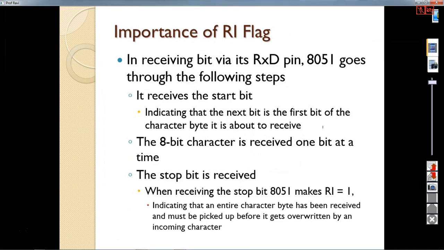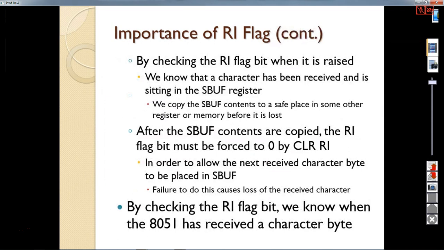When receiving the stop bit, the 8051 makes RI 1. So until RI is 1, you be there. When it is 1, it will come out. It indicates that the entire character byte has been received and must be picked up before it gets overwritten by an incoming character. So we need to check the RI flag bit to see when it is raised.